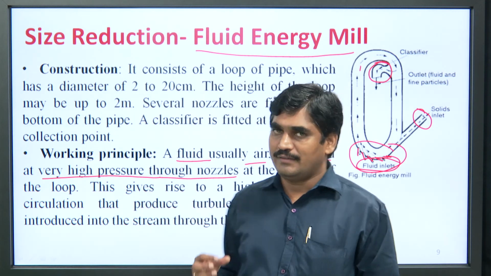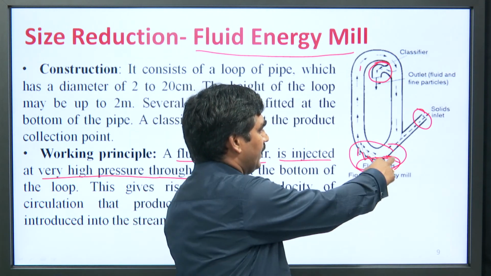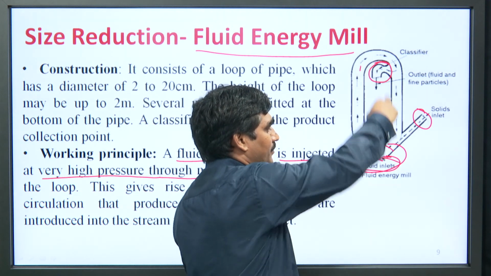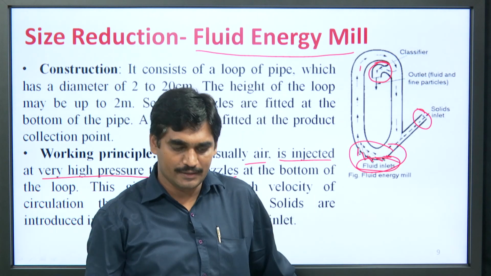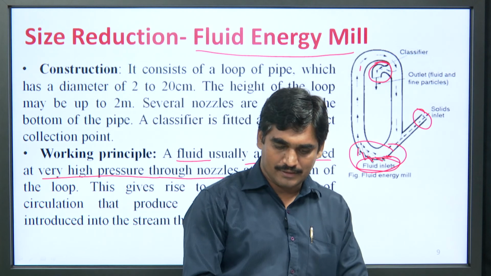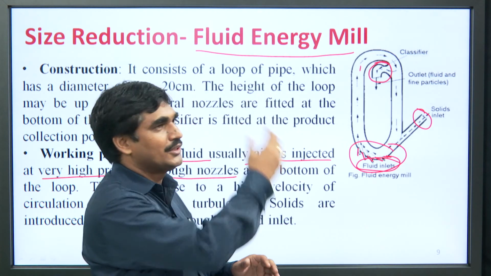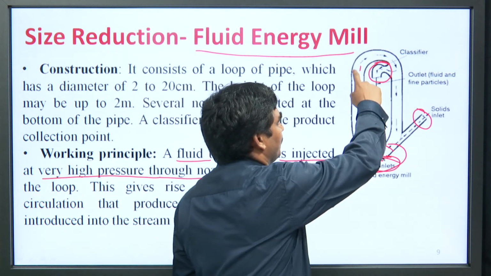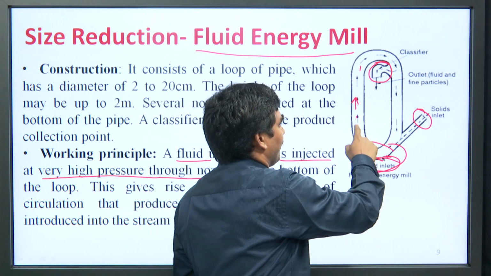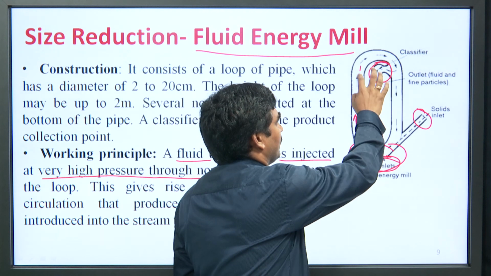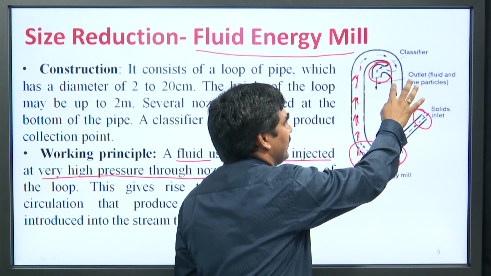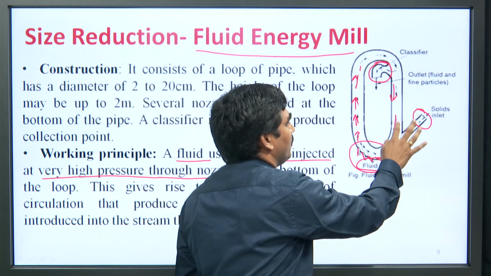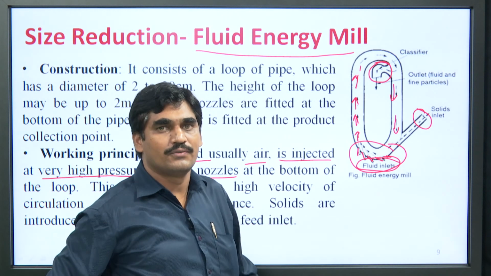As soon as the air enters the fluid energy mill through the fluid inlet, it creates a high velocity of circulation that moves the fluid through the loop at high velocity.